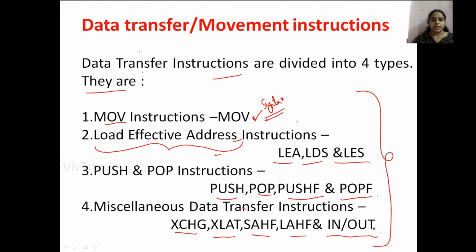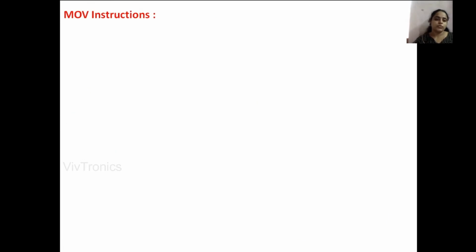Okay, so data transfer or movement instructions. The first one we are going to cover is move instructions. For any instruction that we categorize, we are going to present it in 5 points. First is the name of the instruction. Second point is syntax. If you present it this way in your exams also, it will be very nice to get good marks.